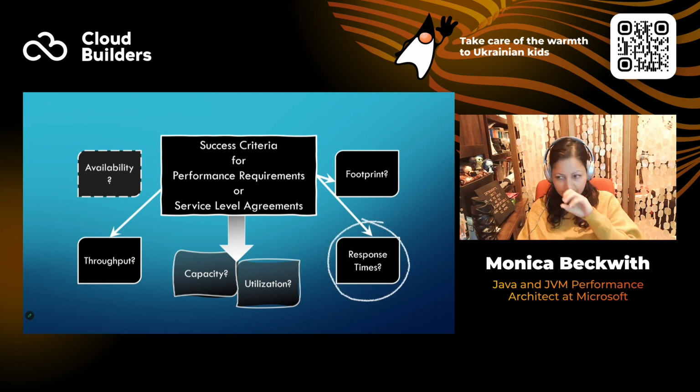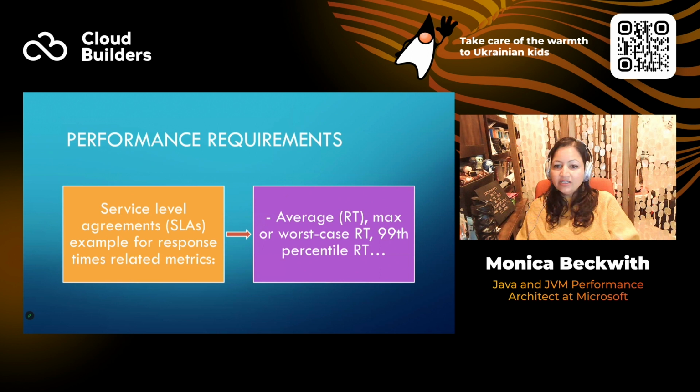Target response times. So when we're talking about performance requirements and success criteria, remember I talked about getting your SLAs. Talking about response times, you want to improve response times, you want to make your end users happy.